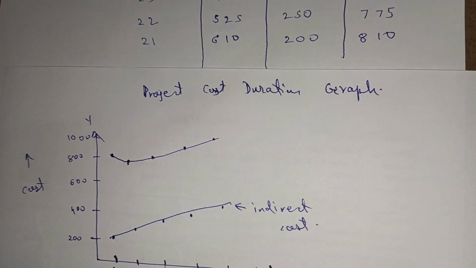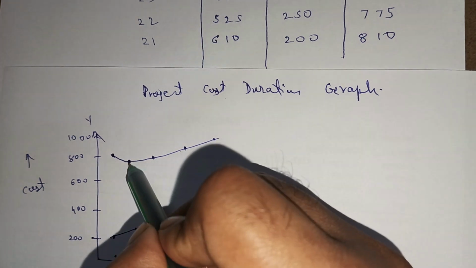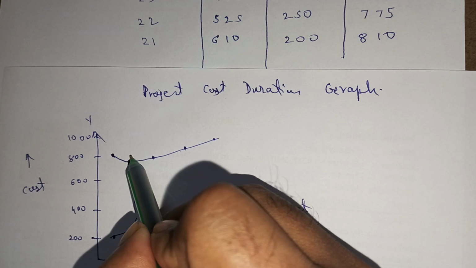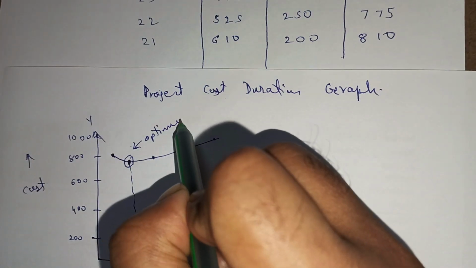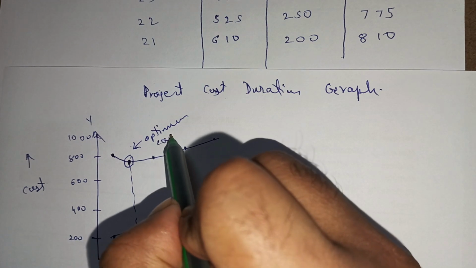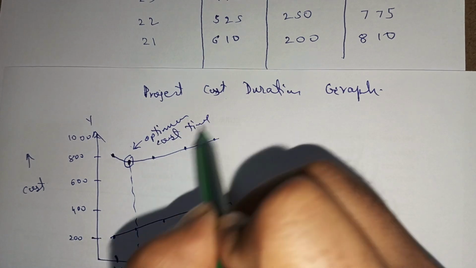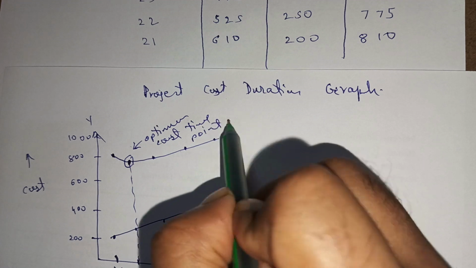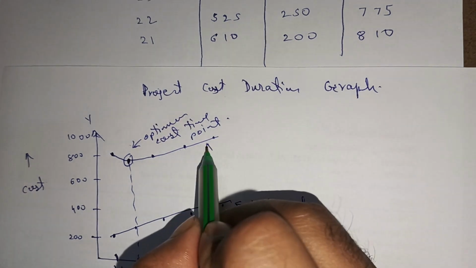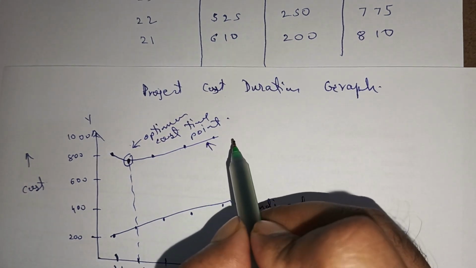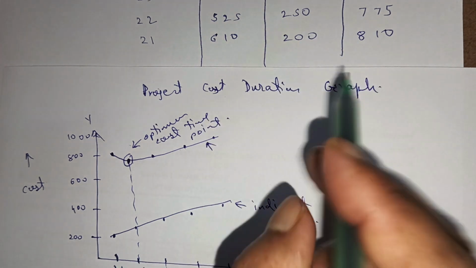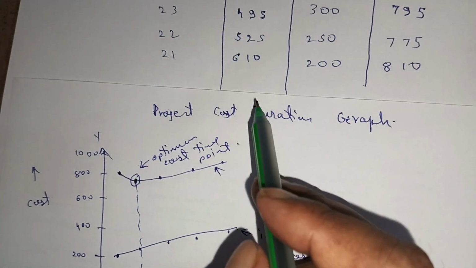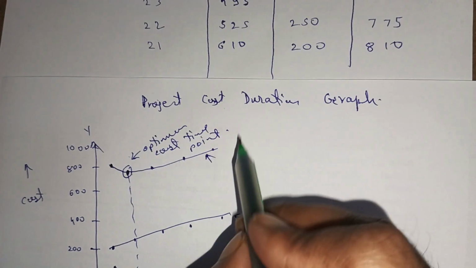So which is our optimum cost time point? Obviously this. Okay, optimum cost time point. Okay, and I plotted the total cost first. We need to plot the direct cost as well.